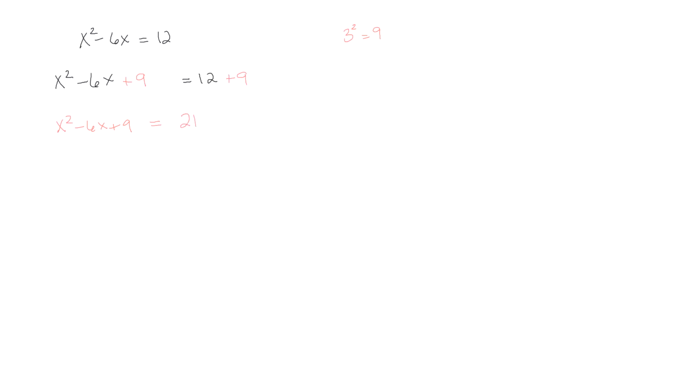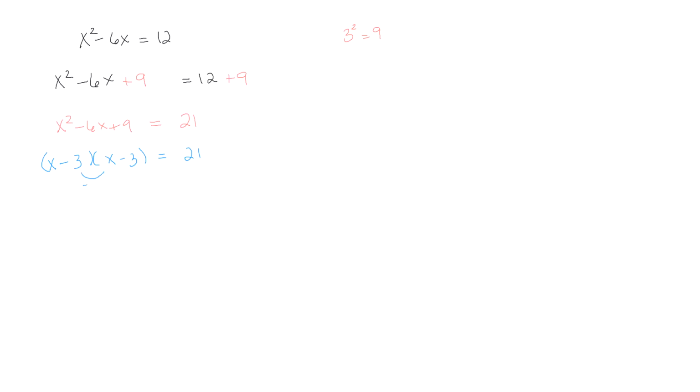I can factor this into a perfect square. x minus 3, x minus 3. That gives me the 6x in the middle.